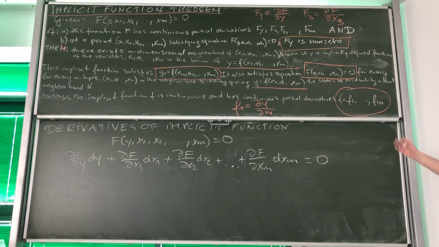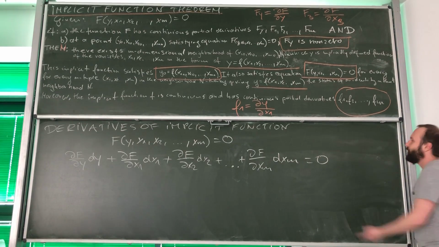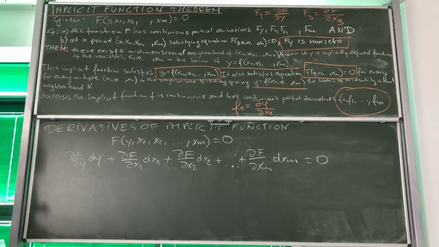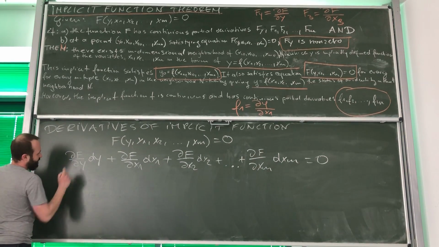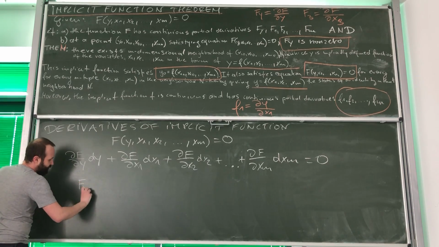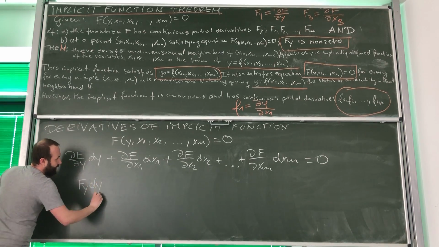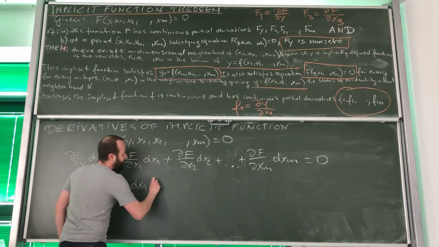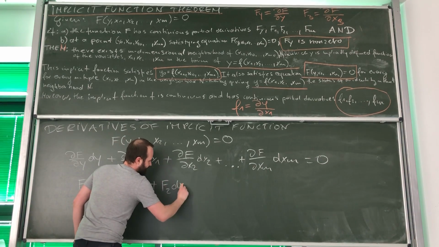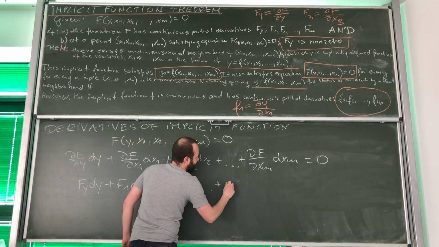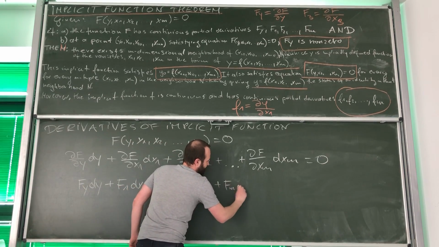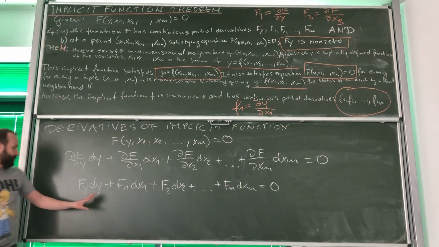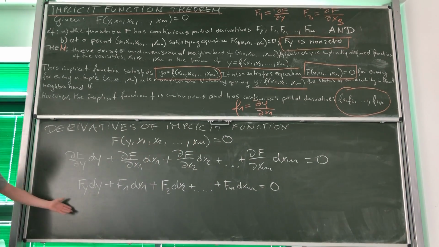Now, just as before, because we would have to write too much, let's simplify. Let's denote this derivative as fy. Now we've got fy dy plus f1 dx1 plus f2 dx2 plus, and go on like this until fm dxm, and it all equals 0. So it wasn't that bad.